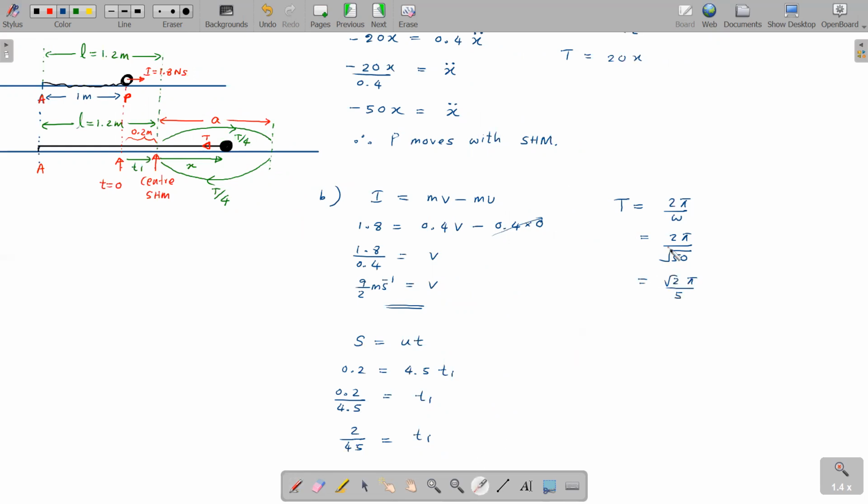I only entered 2 over root 50 in the calculator; the pi value you just have to write down. So the periodic time is root 2 pi over 5. So what's the time taken for the string to become slack for the first time?